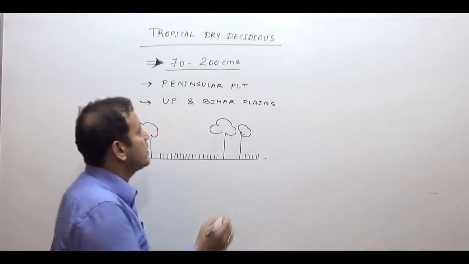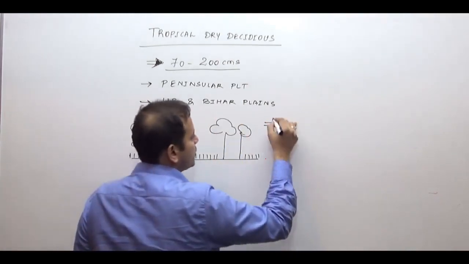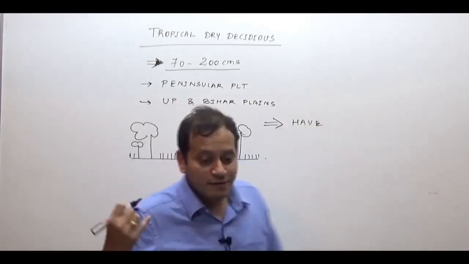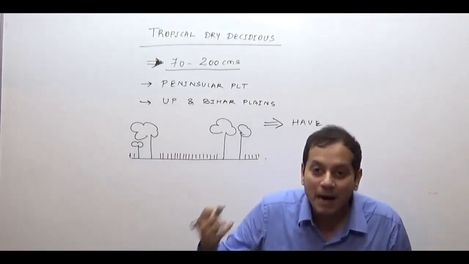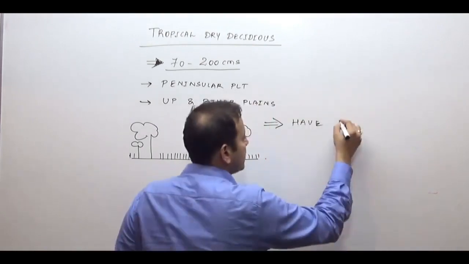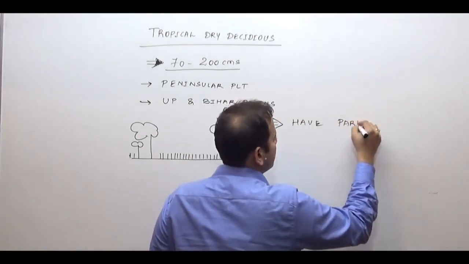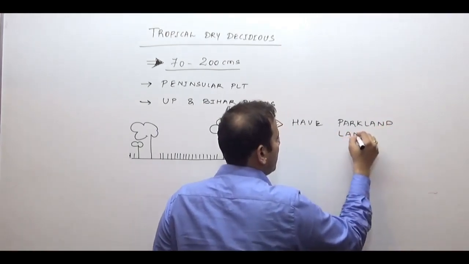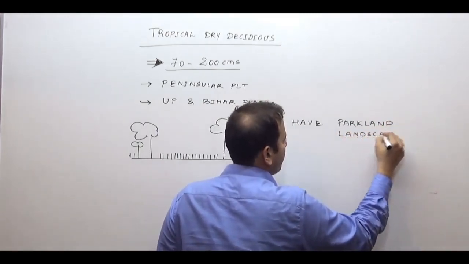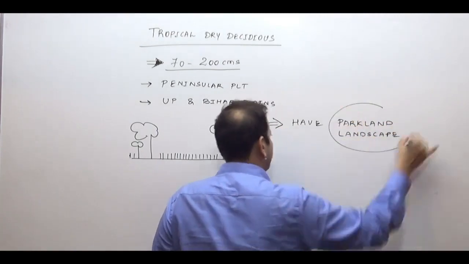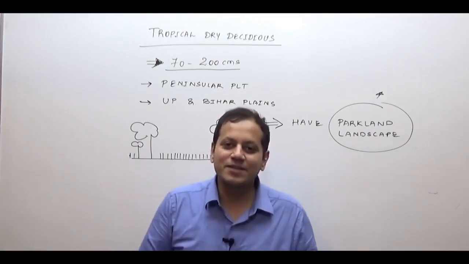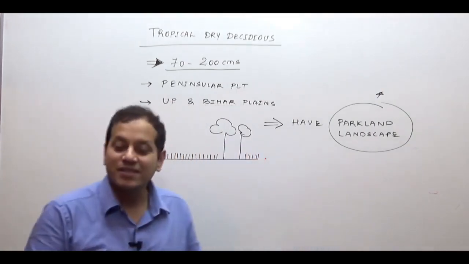And therefore this tropical dry deciduous forest, we say, has the landscape of a park, a parkland landscape. So if the question comes, which area has a parkland landscape? It is the tropical dry deciduous forest.